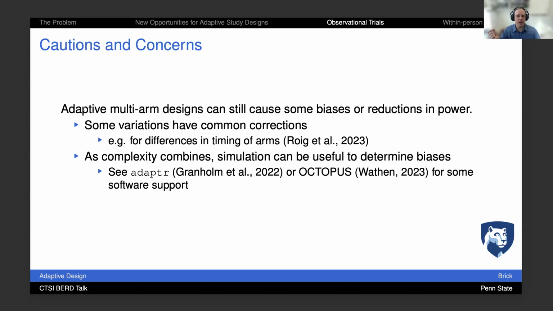Those changes have big impacts on the way that we do the statistical analysis. So we have to be careful along the way that we're not inducing bias. And again, I want to put a shout out for the adaptr and the octopus packages, because these are really useful ways to do rapid simulations to be able to tell what kinds of adaptive tools will influence your outcomes.